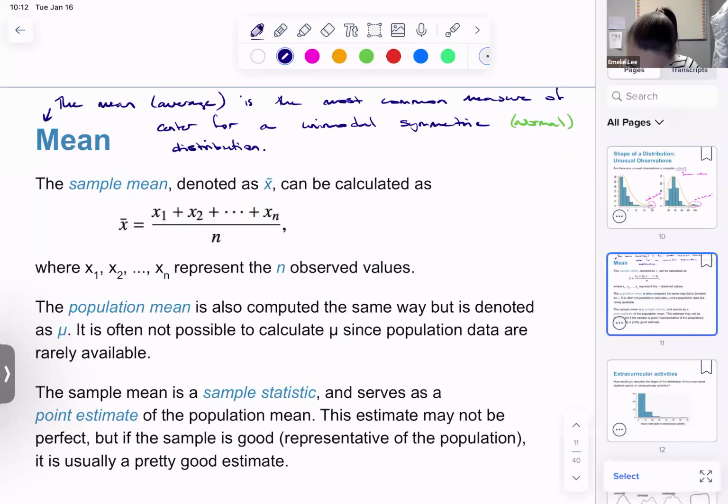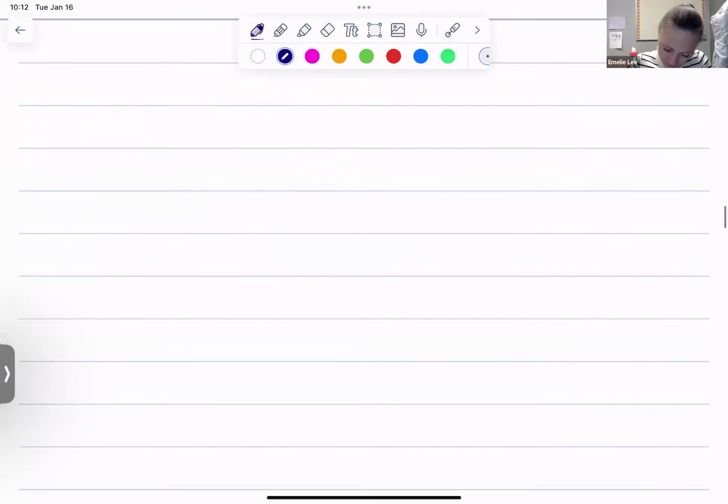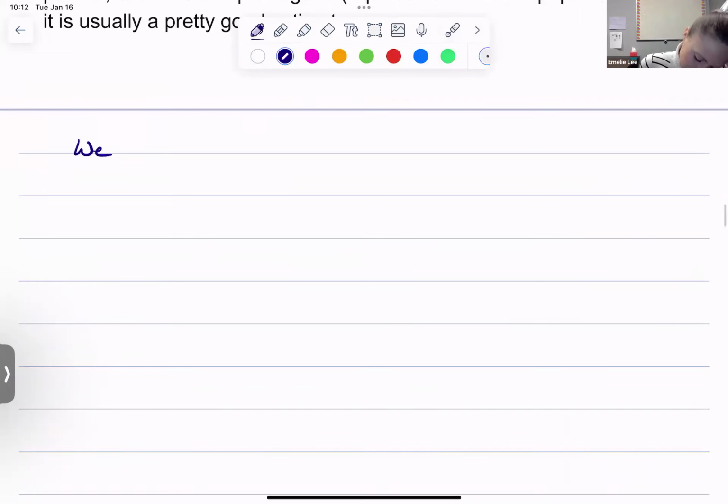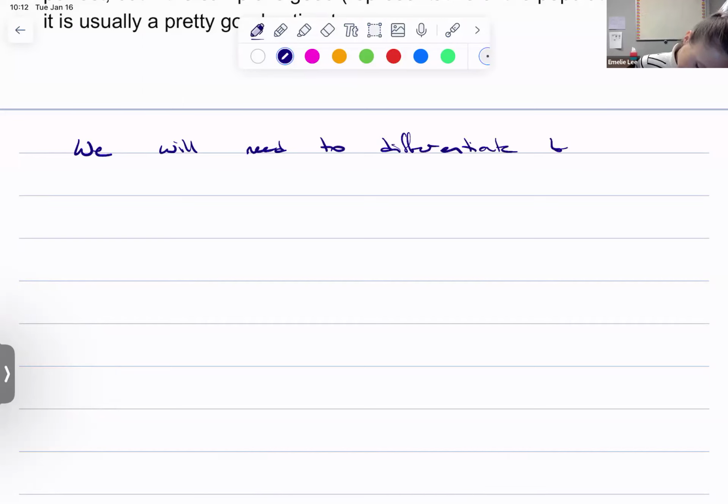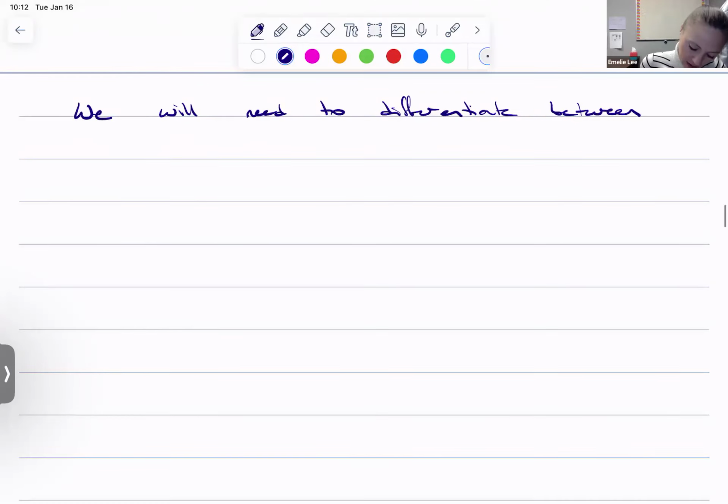And so what I'm going to do here is I'm going to add a page here. Okay. And I'll say we will need to differentiate between sample information, we're going to call information from a sample.